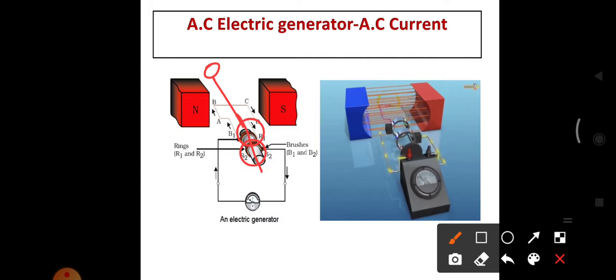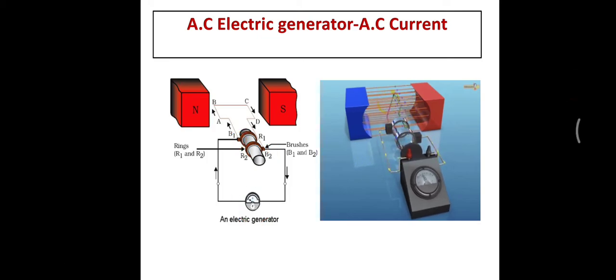The outer ends of the brushes, P1 and P2, are connected to a galvanometer to show the flow of current in the given external circuit. So you have to see this animation.